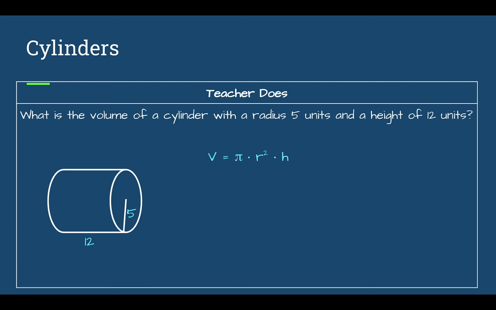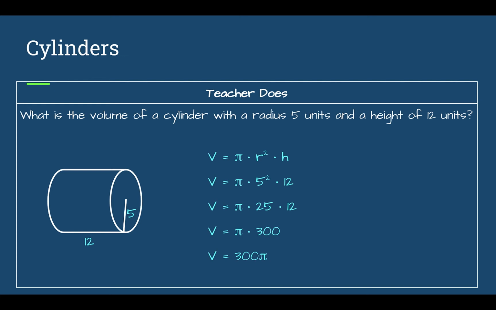To figure out volume, I just plug in the numbers and calculate it out. So I'm going to plug in 5 for R and 12 for H. If I continue to multiply it out, 5 to the second power is 25, and then 25 times 12 is 300. So the exact answer for my volume is 300 pi.